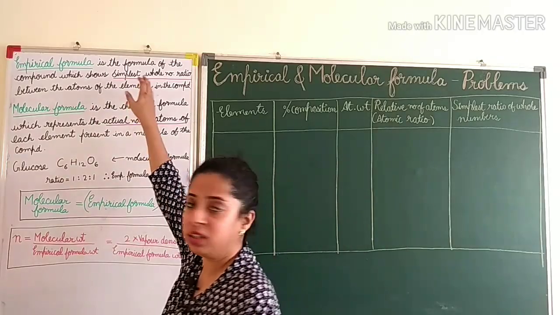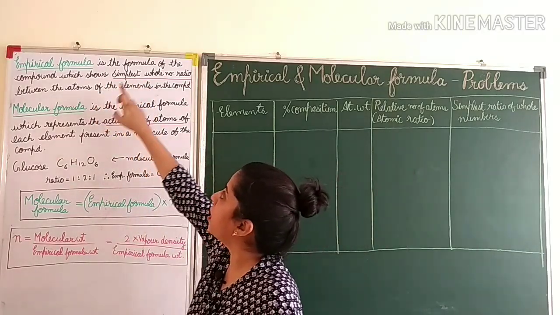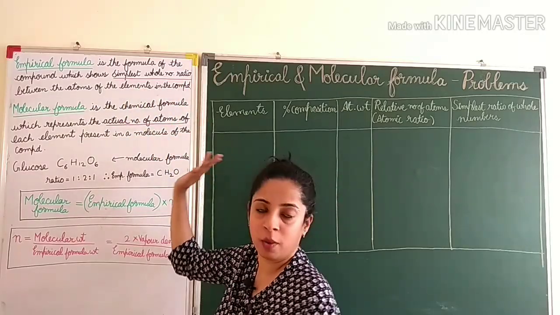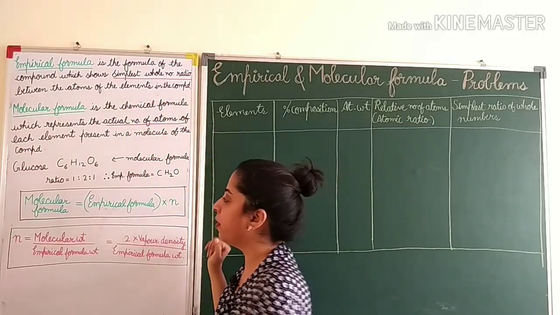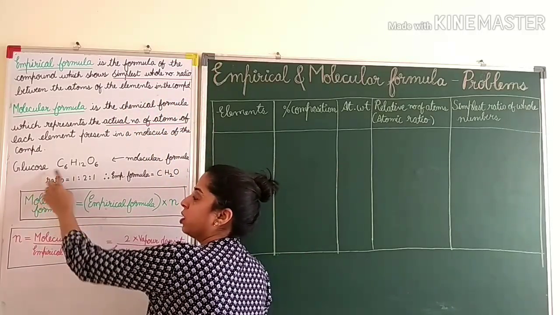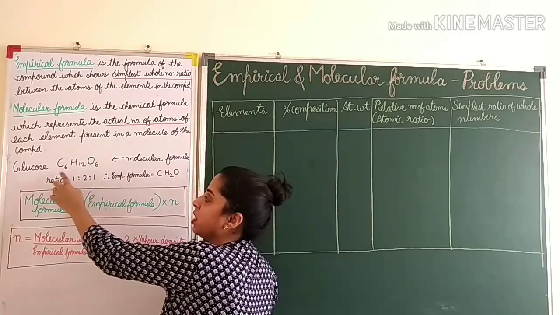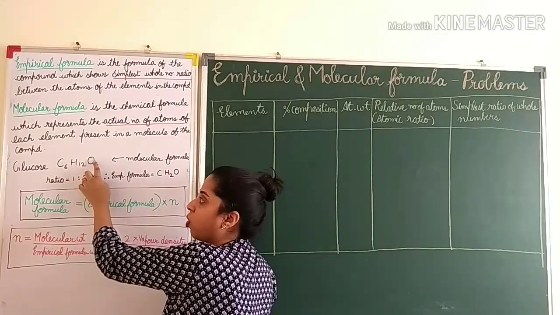So children, see here the definition of empirical formula: empirical formula is the formula of the compound which shows the simplest whole number ratio between the atoms of the elements in the compound. For example, glucose, C6H12O6. In carbon there are 6 atoms, hydrogen 12 and oxygen 6.